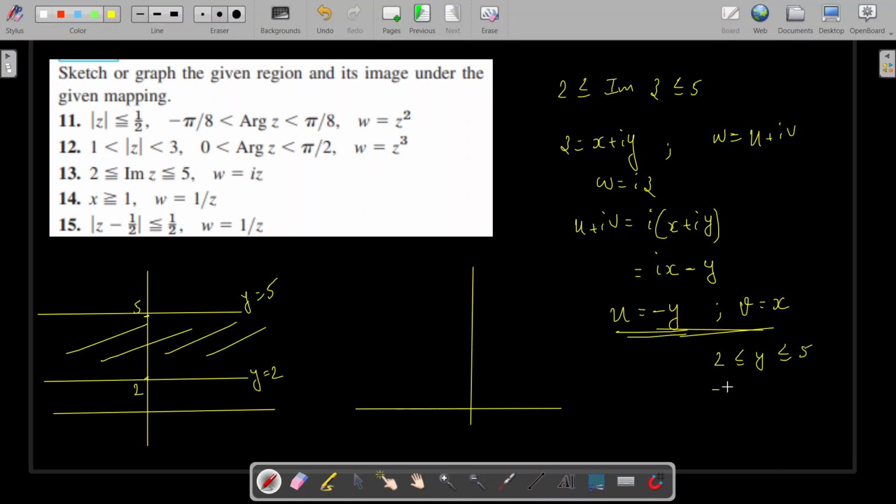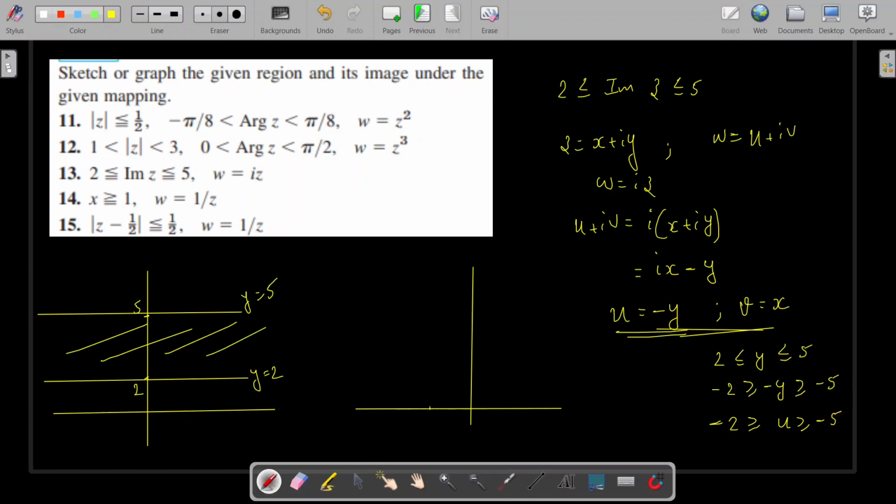That means here you can write minus 2 greater than or equal to minus y greater than or equal to minus 5. When you multiply with a minus sign, this inequality reverses. So you can say that minus y lies between minus 2 and minus 5. Or you can say that minus y equal to u, therefore minus 2 greater than or equal to u greater than or equal to minus 5. That means that u lies between minus 2 and minus 5.